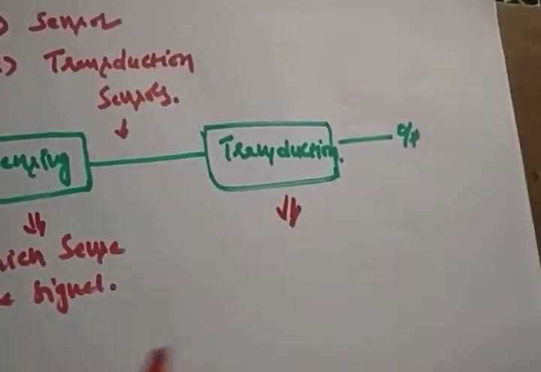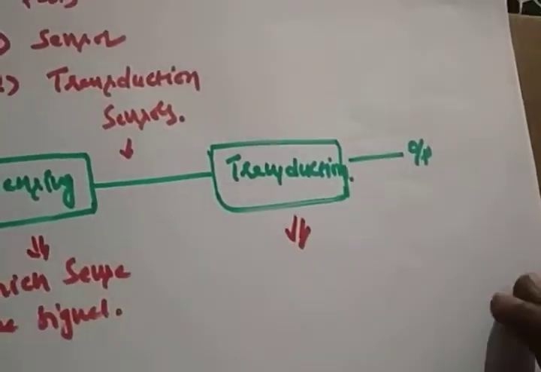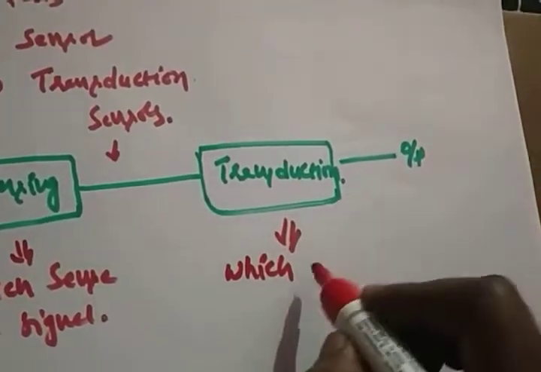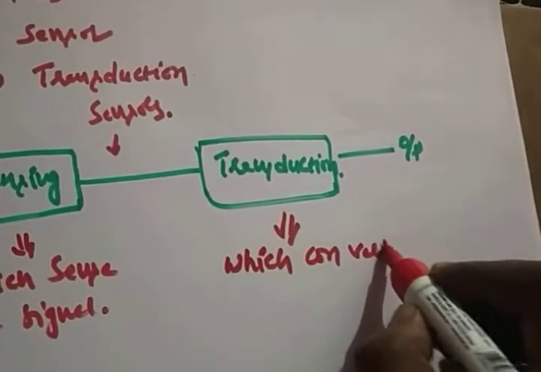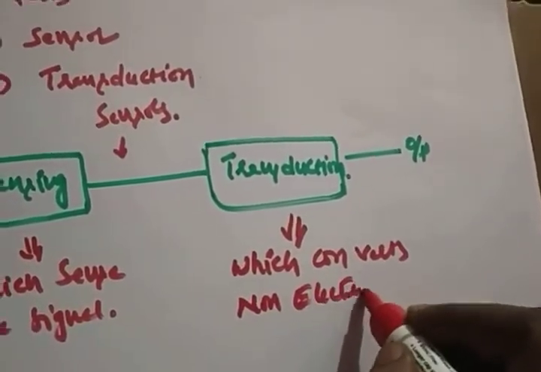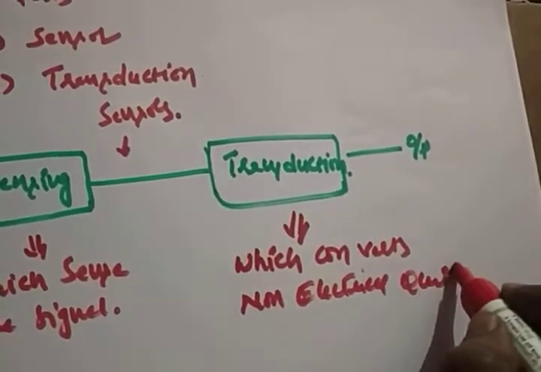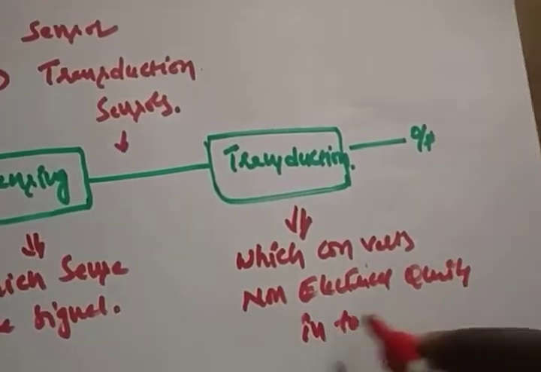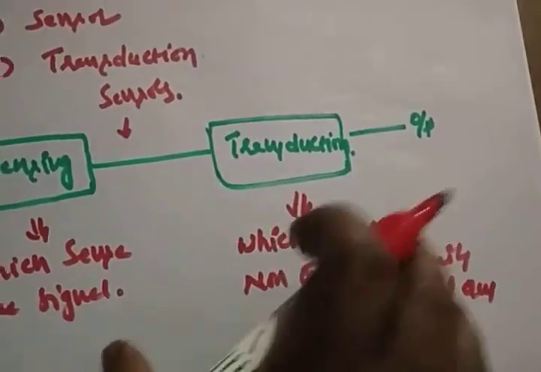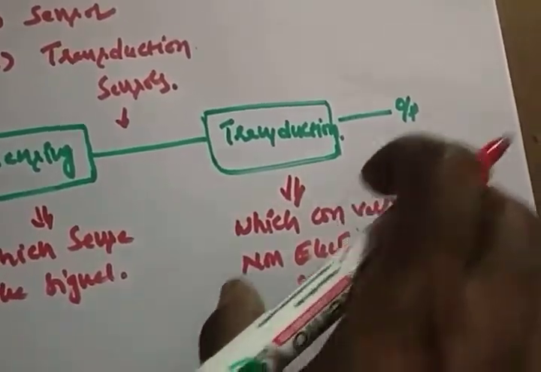The transduction element is the main part which converts non-electrical quantity into electrical quantity. If it is an electrical quantity, we can call it an electrical transducer.